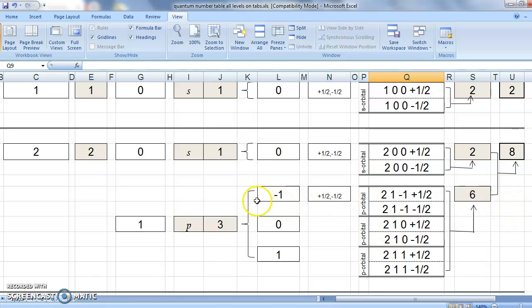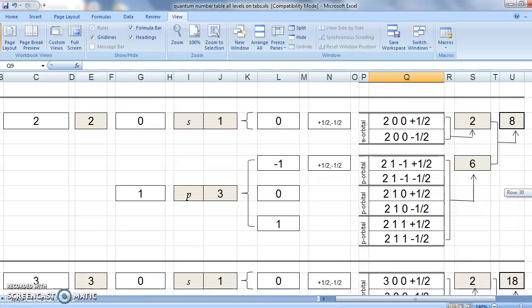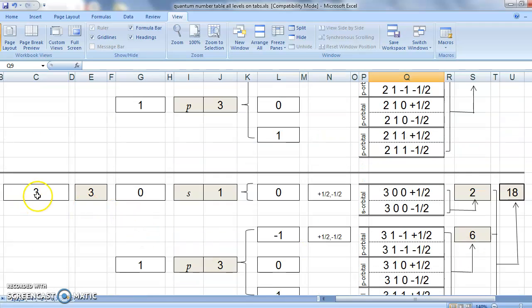Let's say I have an electron that has a number 3 for the first number, a number 2 for the second number, a minus 2 for the third number, and a positive half for the fourth number. Where would I find that electron? Again, it was a 3 for the first number, so I know it's on the third level.